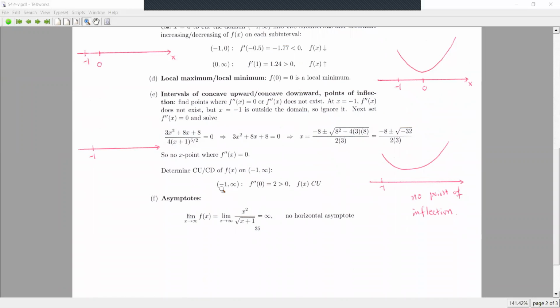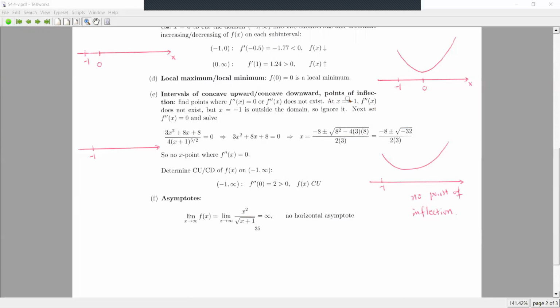On this interval, the second derivative is positive. So the graph of the original function is concave up. Second derivative greater than 0 means concave up; less than 0 means concave down. So from -1 to infinity, the whole domain, the curve is concave up.